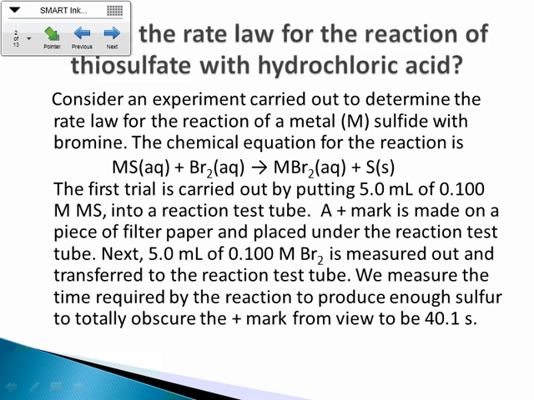So basically what's happening in the course of this reaction is you're going from a certain color solution to a yellow solution, okay? The bromine's not going to be exactly colorless. You're putting a plus sign underneath the test tube. I don't know why they say a piece of filter paper.